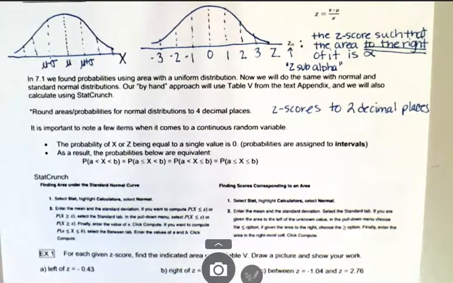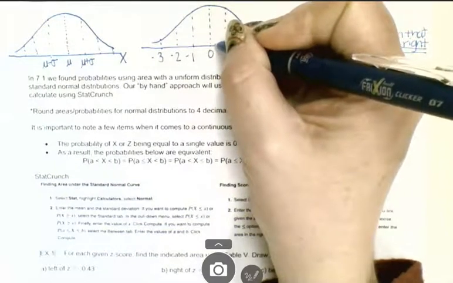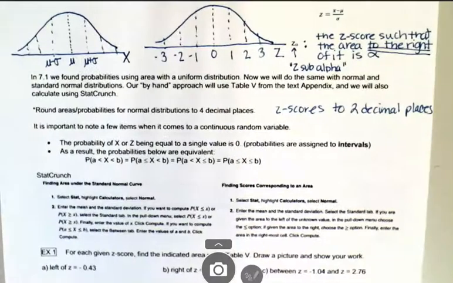So we assign probability to an interval. It can be a small interval. We might just go from 0 to a tiny decimal above it or below it. But in order to have a value that is not 0, it has to be an interval, not just an individual value.